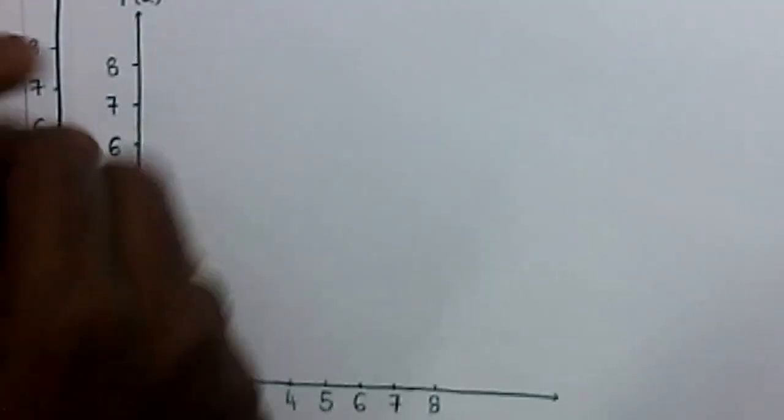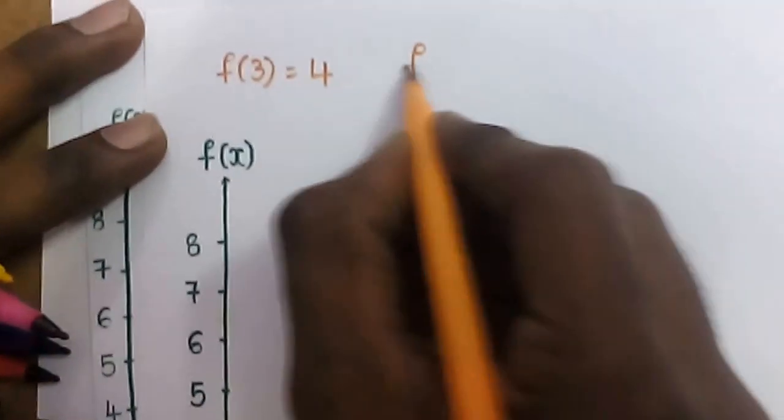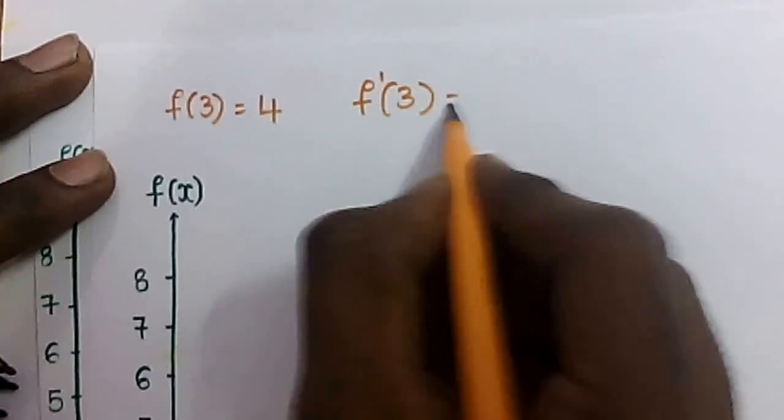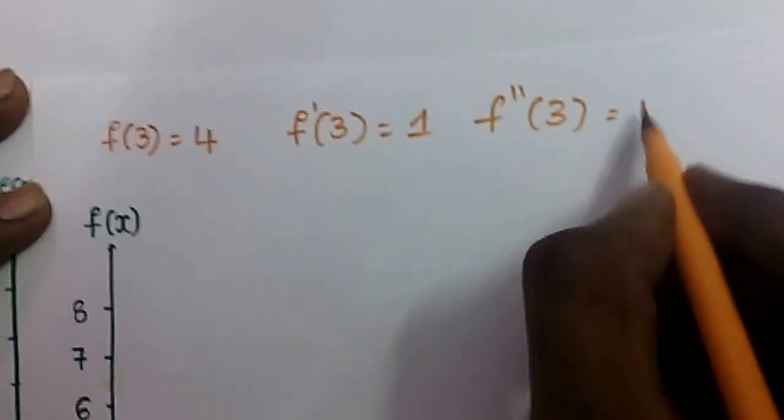At any given x, all the quantities f of x, f prime of x and f double prime of x are numbers, right? So let's consider an example right away. Let us suppose I have f of 3 is equal to 4, f prime of 3 is 1 and f double prime of 3 be positive, right?